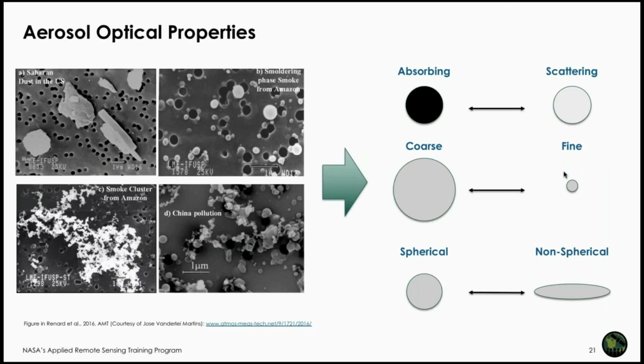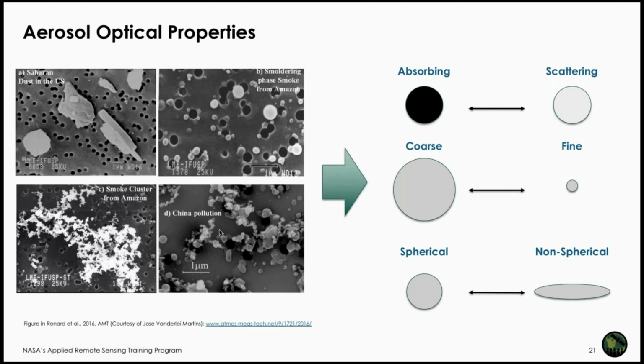So this part is for the aerosol optical properties. In the real atmosphere, aerosols have very variable shapes and properties, like the left figures. The left figure shows some Sahara dust in the US, smoldering phase smoke from the Amazon, a smoke cluster from the Amazon here, and China pollution here.